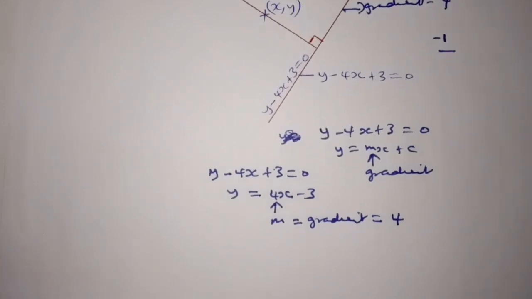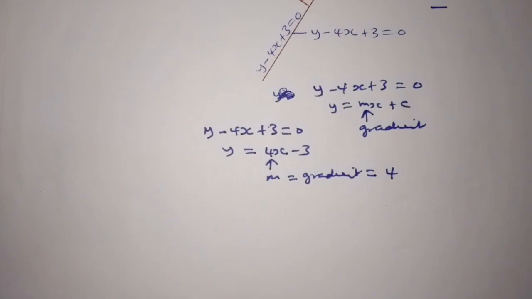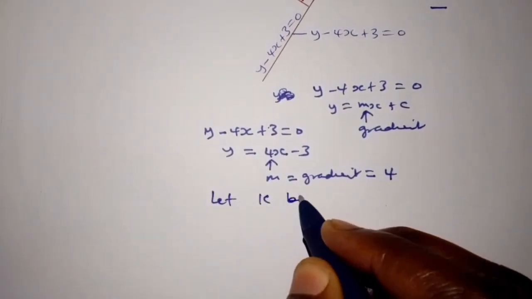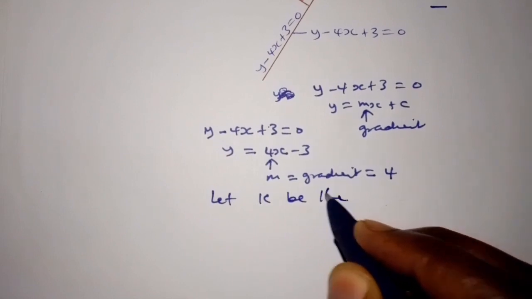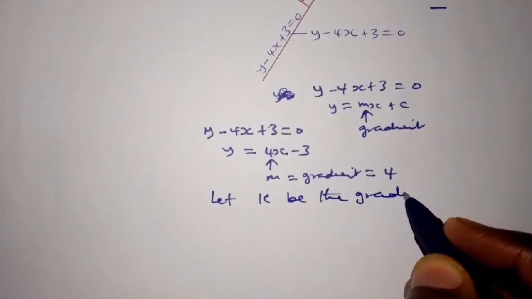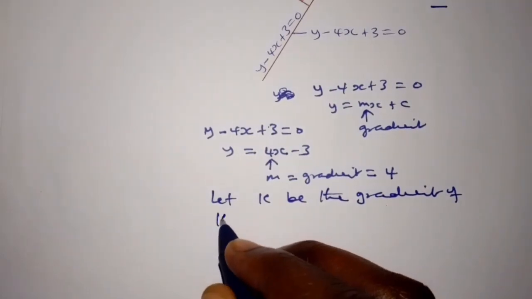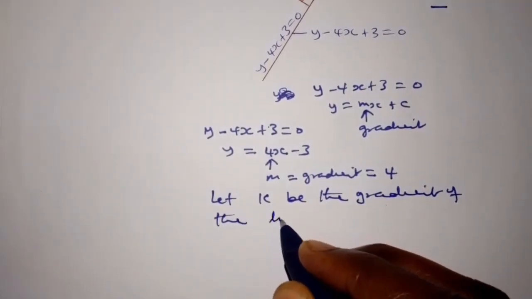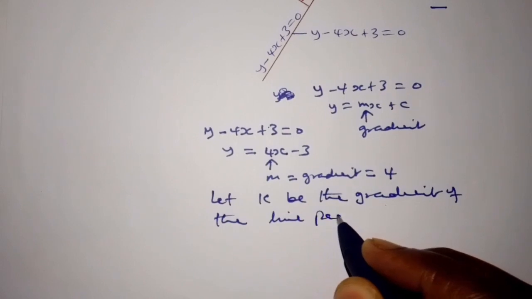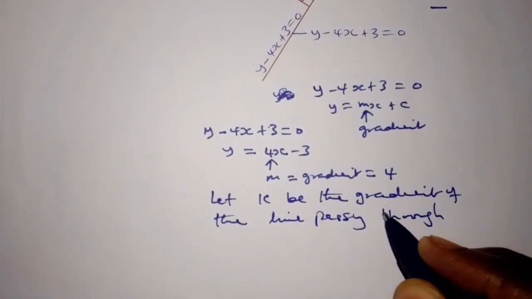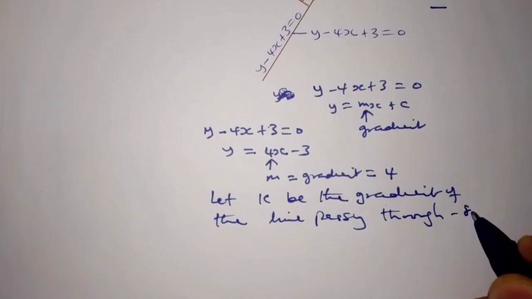So now let k be the gradient of the line passing through -8, 5.